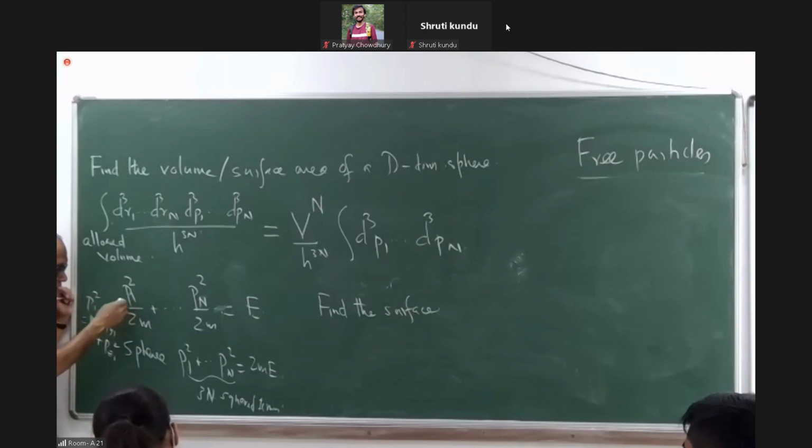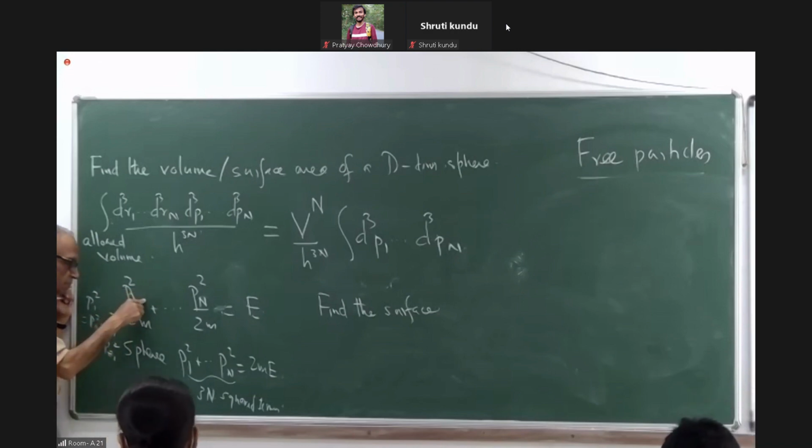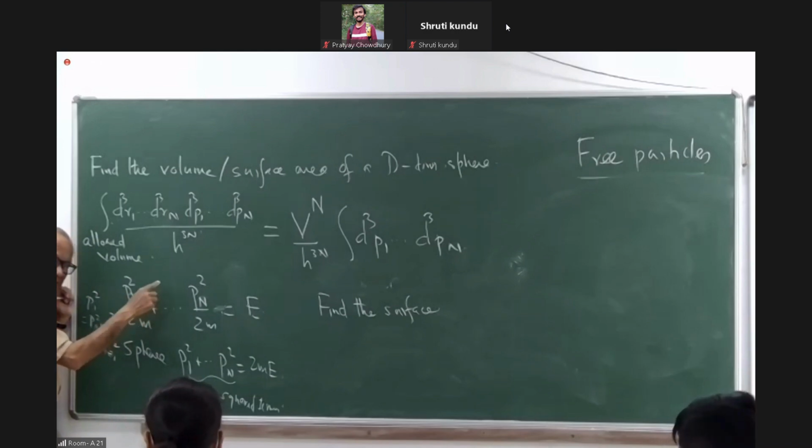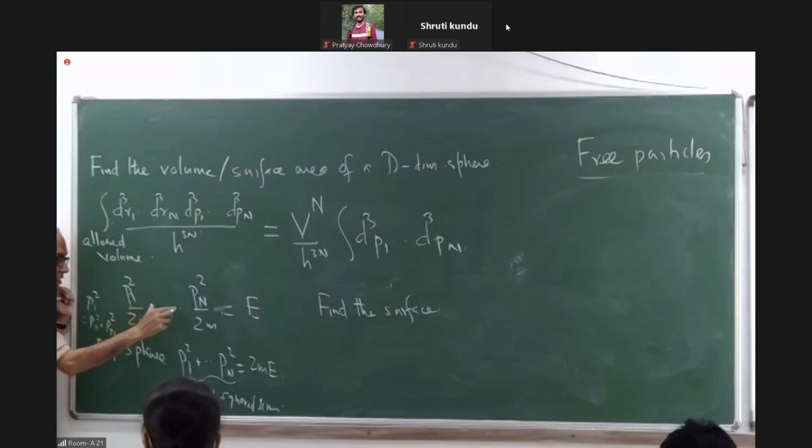So written out in full, this is Px1 square plus Py1 square plus Pz1 square plus P2x square plus P2y square plus P2z square, and therefore there are 3n square terms over here.